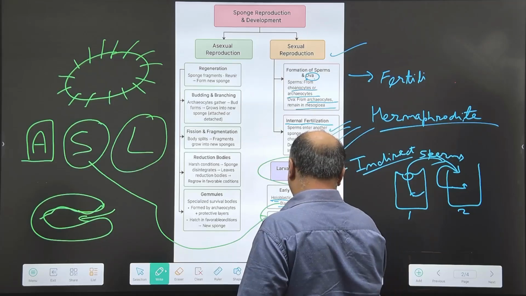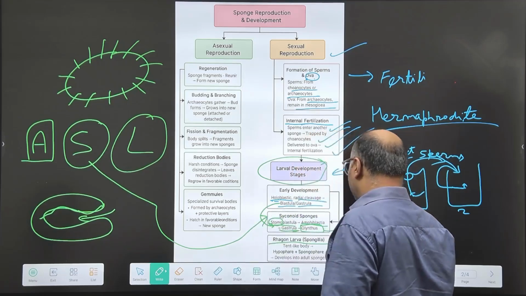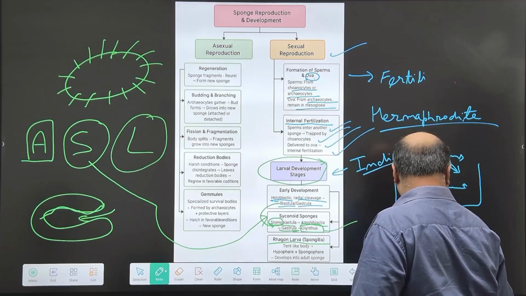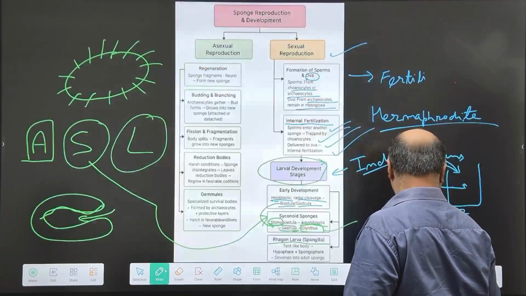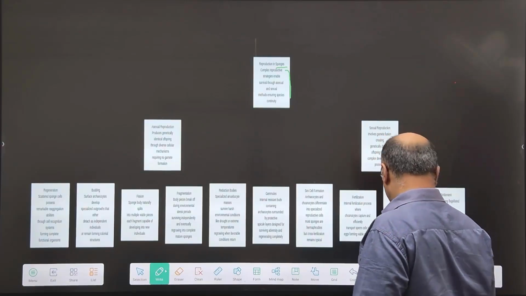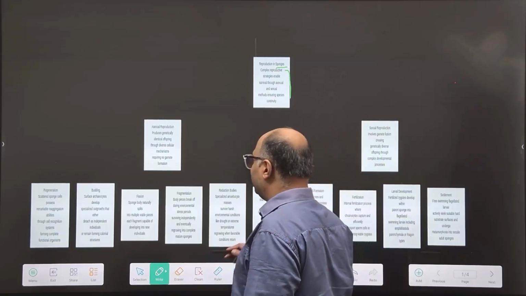Spongilla is a special case. We'll talk about that. But before Spongilla, one thing is missing in this picture, which I would like to put up. Okay, I have deleted one of my slides, so that was not there.